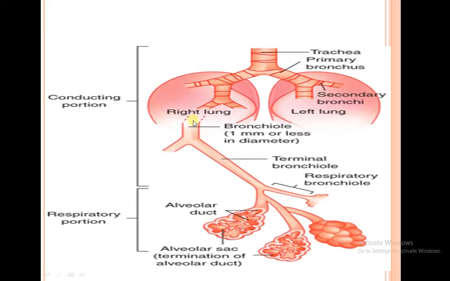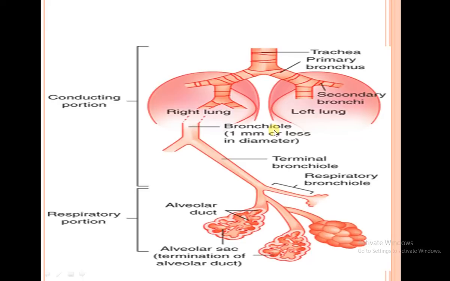As the bronchi continue to divide, they form small bronchioles. When the diameter of the airway decreases to 1 millimeter, we call the airway a bronchiole. So bronchi are airways having a diameter greater than 1 millimeter, while bronchioles have a diameter of 1 millimeter or even less.